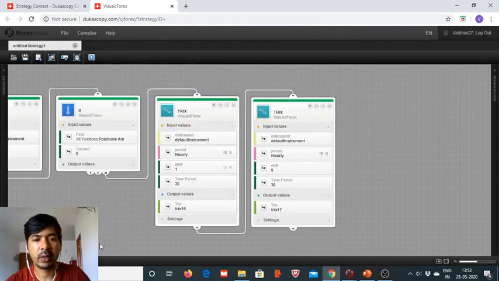Shift 1, last hour value, and then shift 4, 4 hours back. Time period will remain at 30.